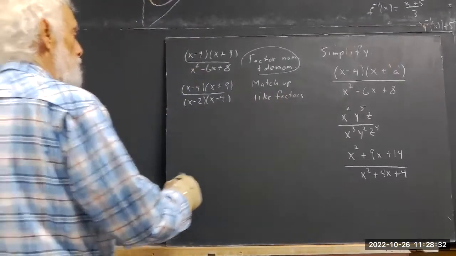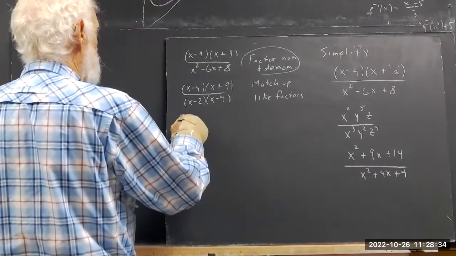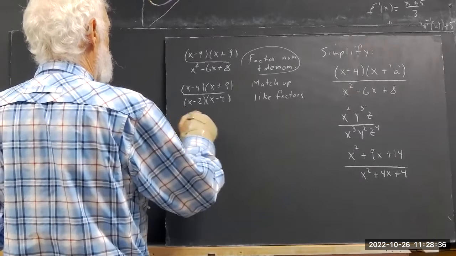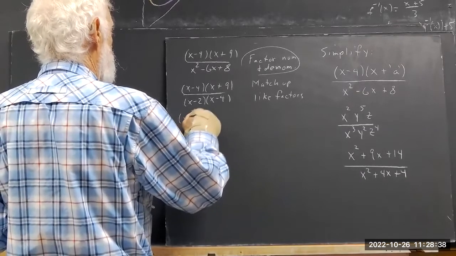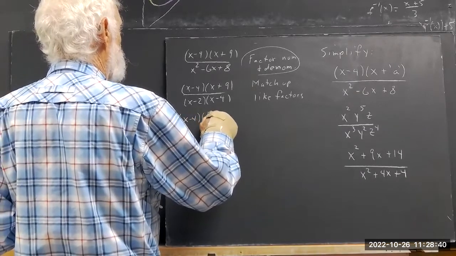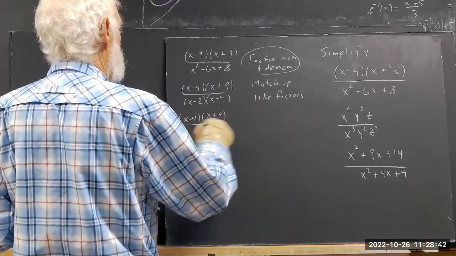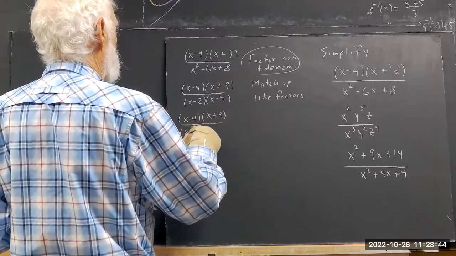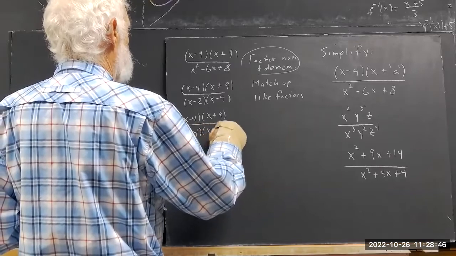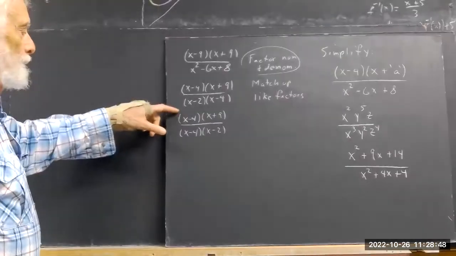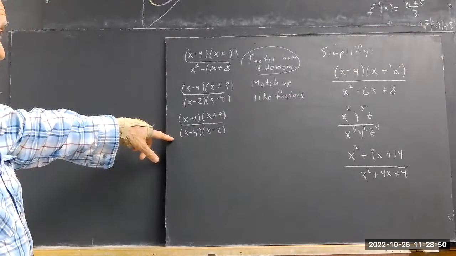Now, match up like factors. That means we write x minus 4 times x plus 9 over x minus 4 times x minus 2. So we can see that we have an x minus 4 divided by x minus 4.